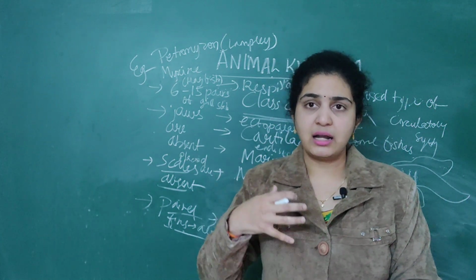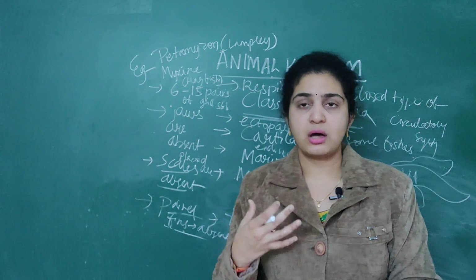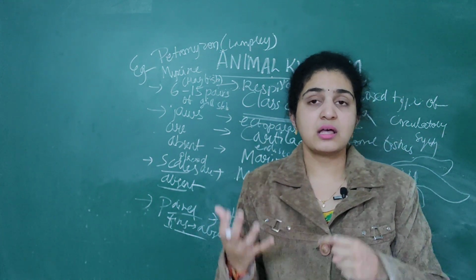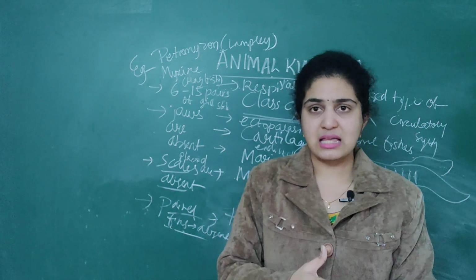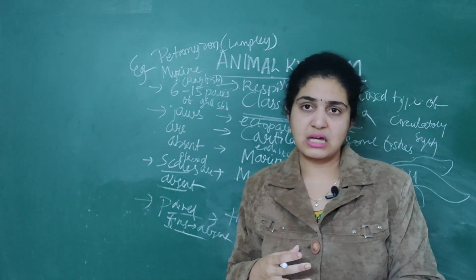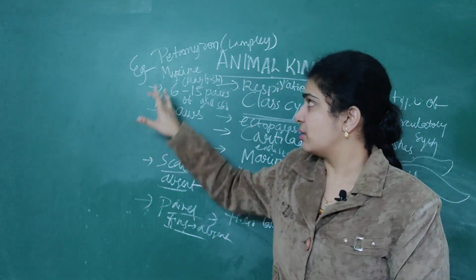Then later we will continue with the next phylum in the next class, that is class Osteichthyes as well as class Chondrichthyes. These are the two important ones, numerous NEET questions are asked based on them, so you should remember.